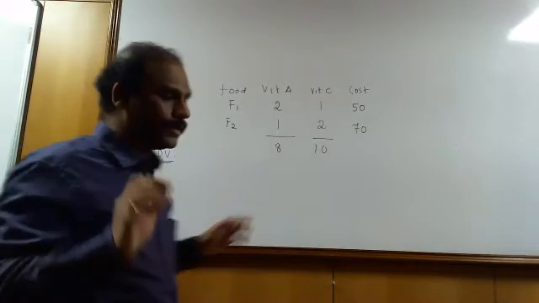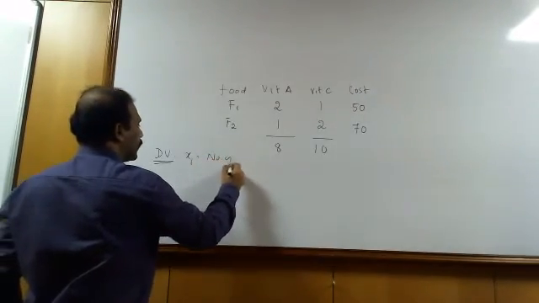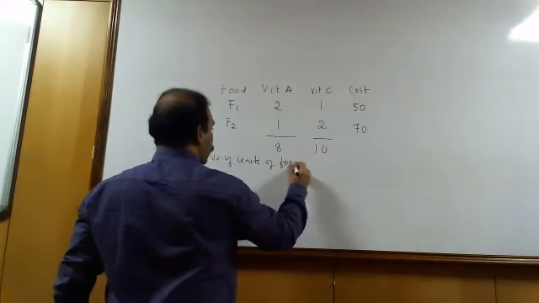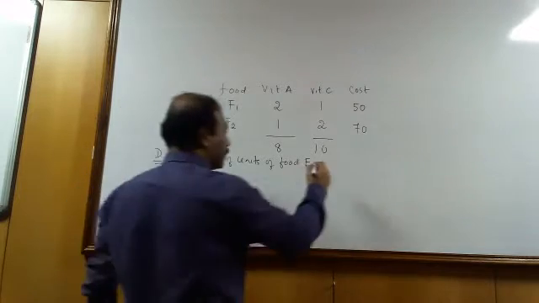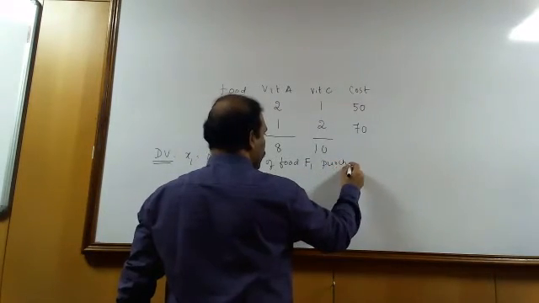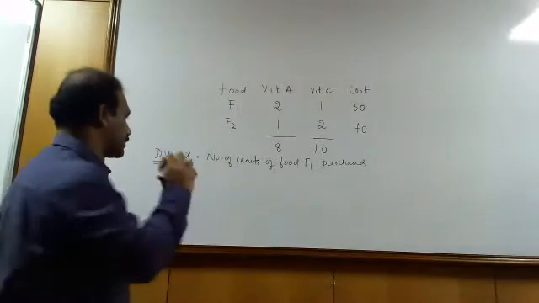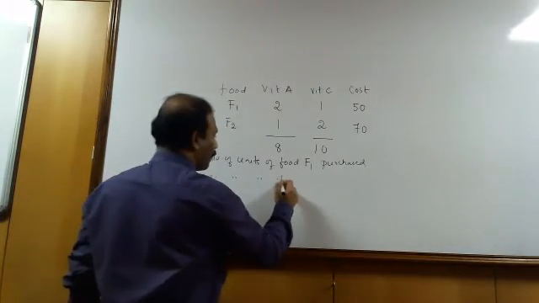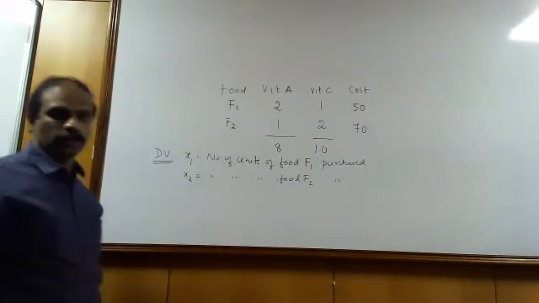So x1 is equal to number of units of food F1 purchased. Since you are buying the food by paying the cost, we can take it as purchased. Similarly, x2 is equal to number of units of food F2 purchased. So this becomes your decision variable.